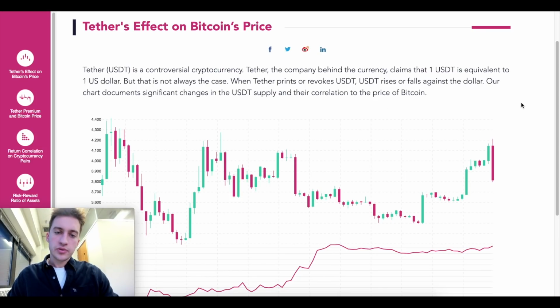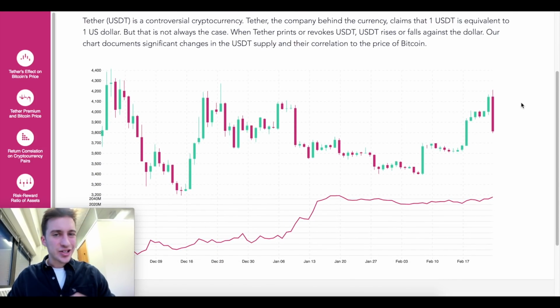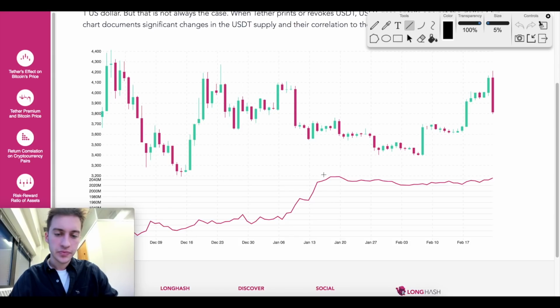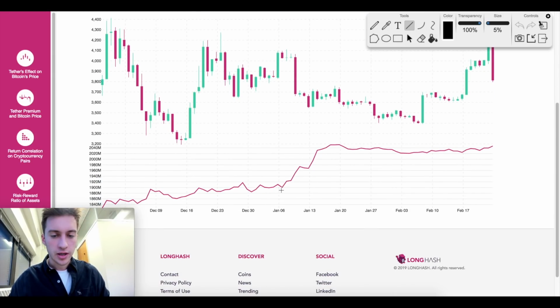When we look at Tether's effect on Bitcoin price, I actually did not find much of a correlation with the printing and revoking of Tether. The company can print more Tether, which increases the circulating supply. From January 7th up to, let's say, January 18, a lot of USDT was printed by the company.